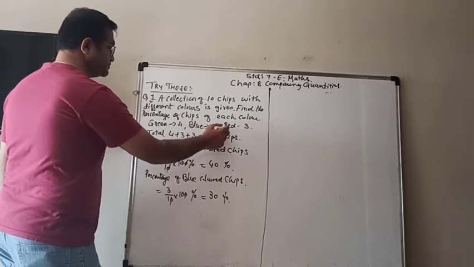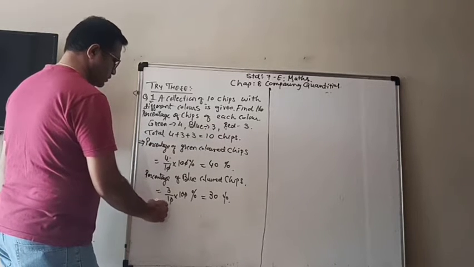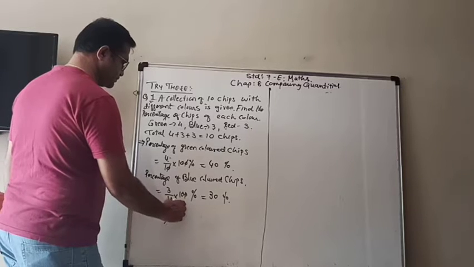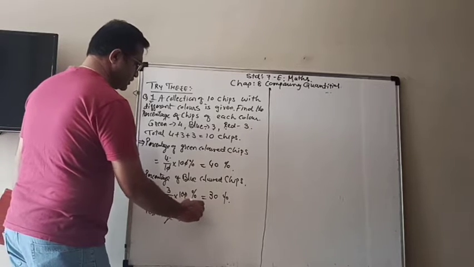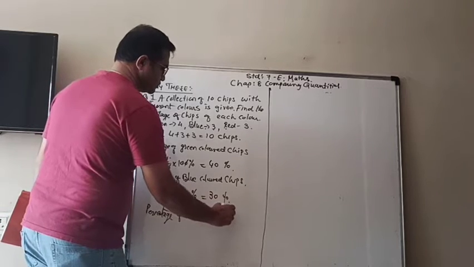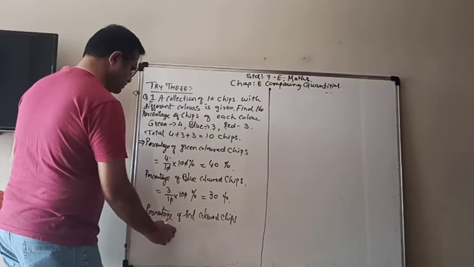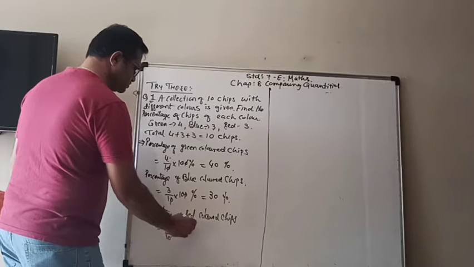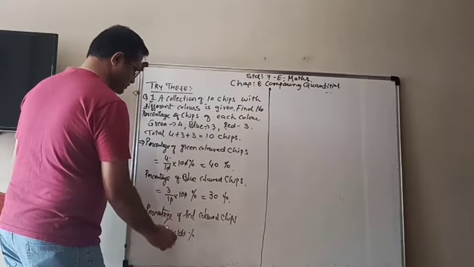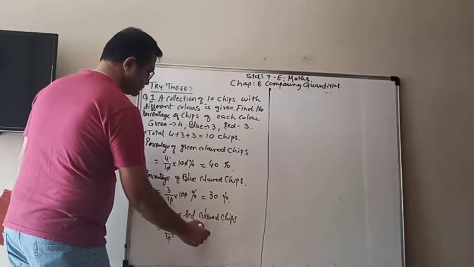And lastly, the red. So percentage of red colored chips is equal to, also 3, thus it will be the same answer. 3 by 10 into 100%, so that is 30%.